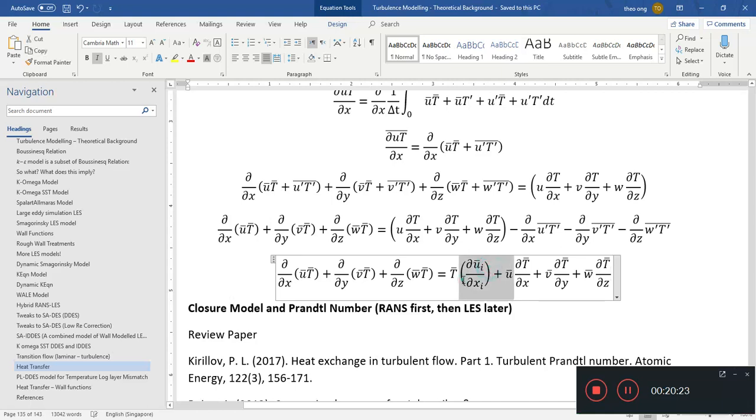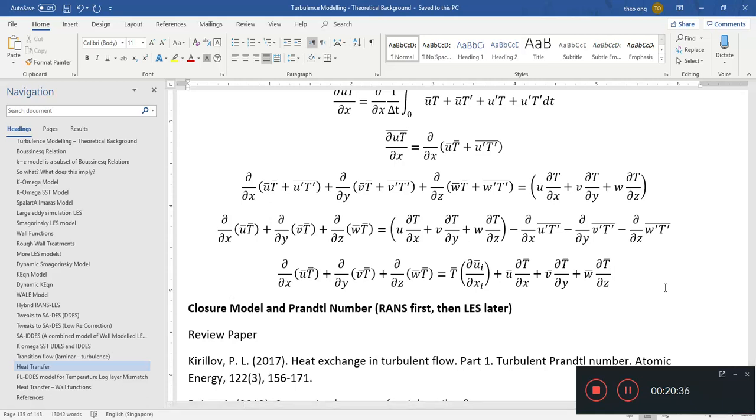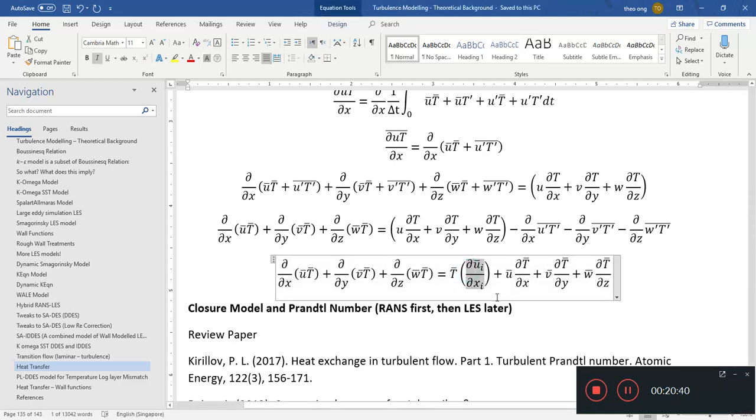This thing actually reduces to 0 from our continuity equation, because I think I covered it in the earlier equations. If we did the continuity equation and did a time averaging of that, we find that there should be no accumulation of volume in a time average sense, or in the DNS sense, meaning the instantaneous velocity.